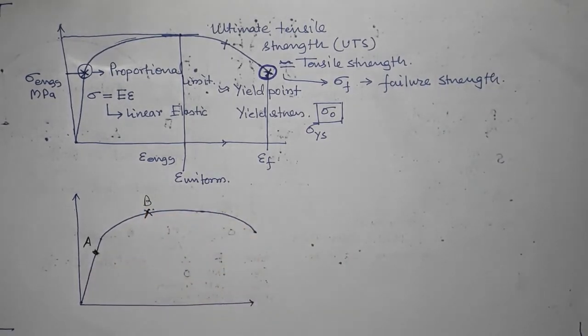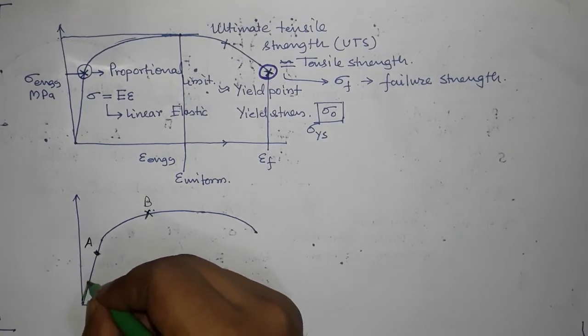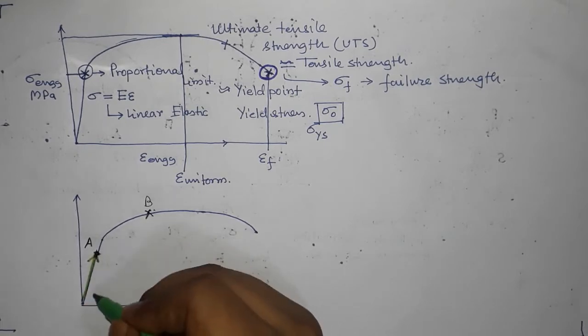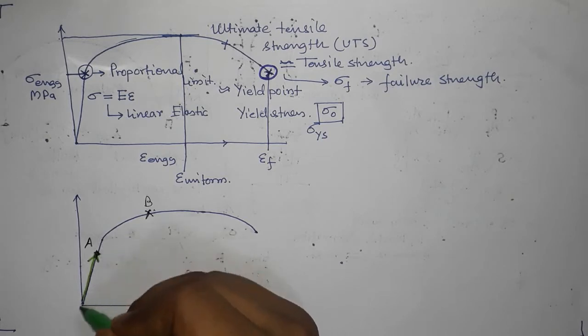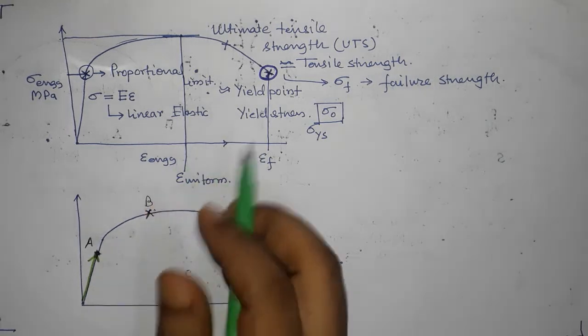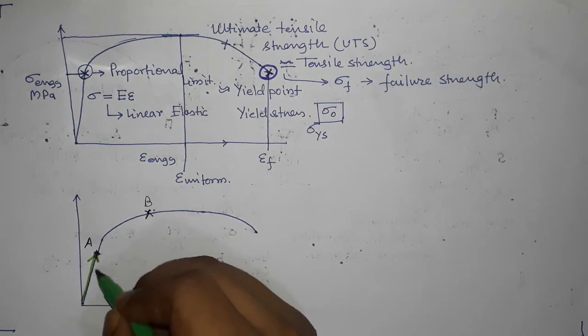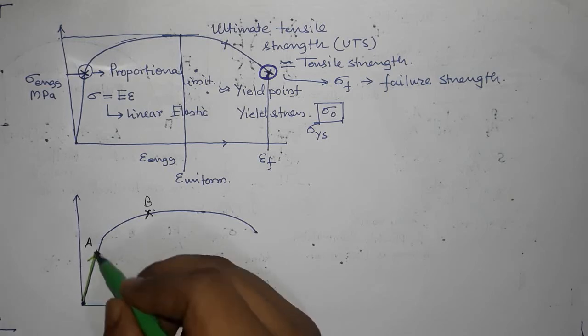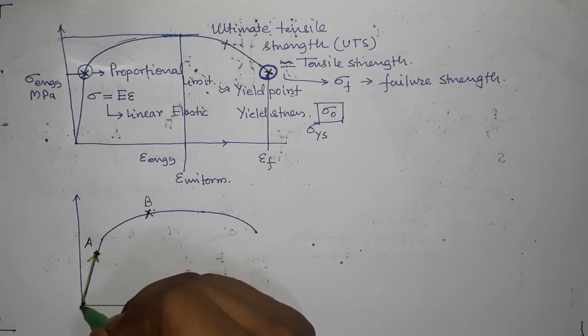So what will happen is that this is how I load it till A, right? And when I slowly remove the load, and I have to do it slowly, okay? So there should not be any effect of temperature. So this has to be isothermal, okay? So when I unload it, the strain will decrease and it will go back to its initial position as the stress will decrease to 0, okay?